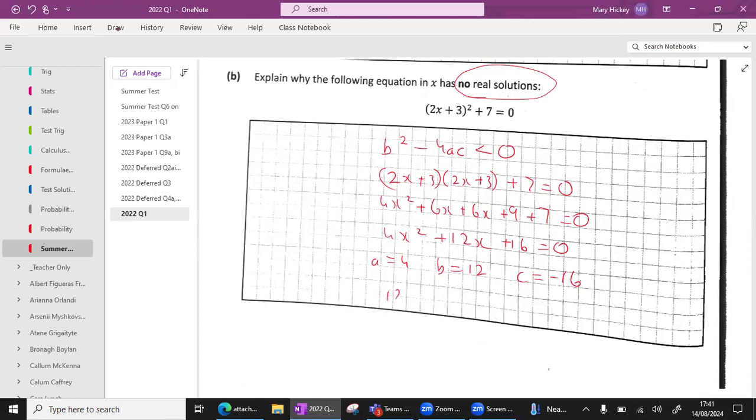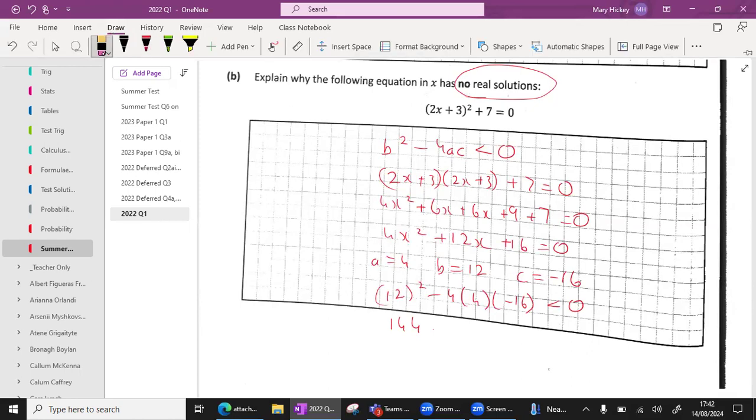Now let's fill it in. So it's 12 squared minus 4ac, which is supposed to be less than 0. So we have 144. Now what's this? Oh yeah, 16 is supposed to be positive.